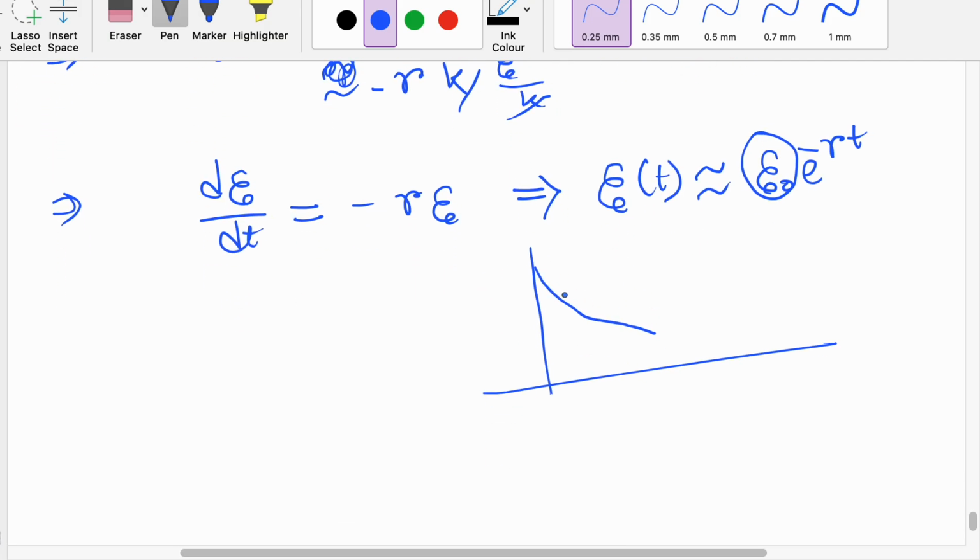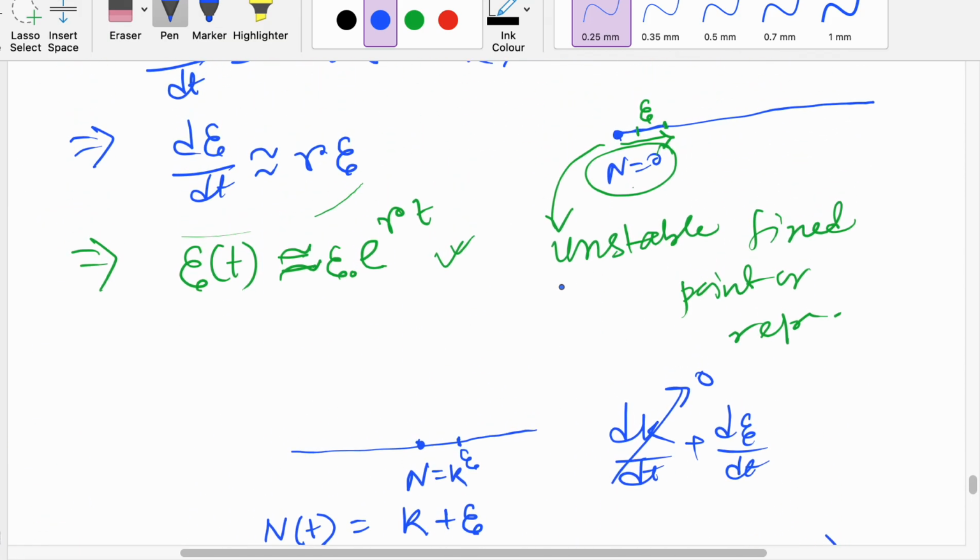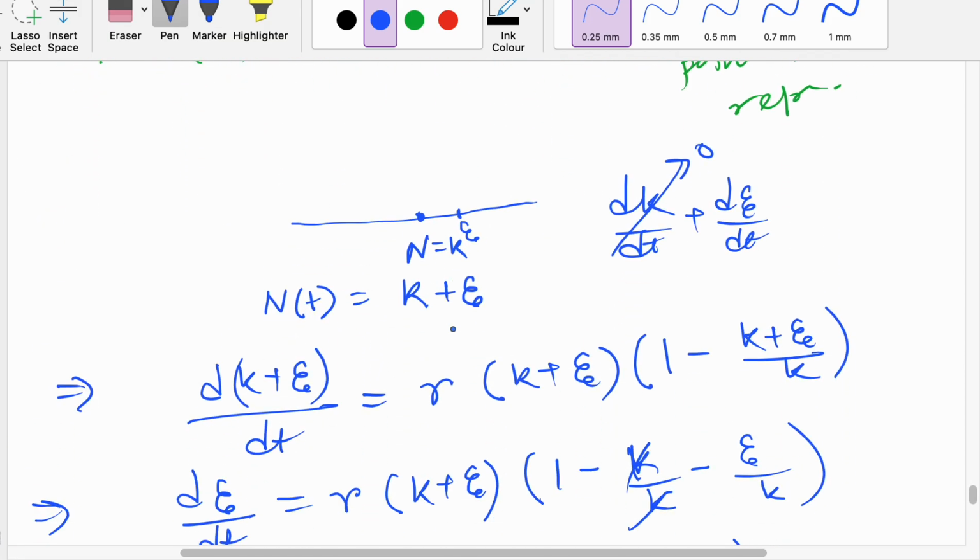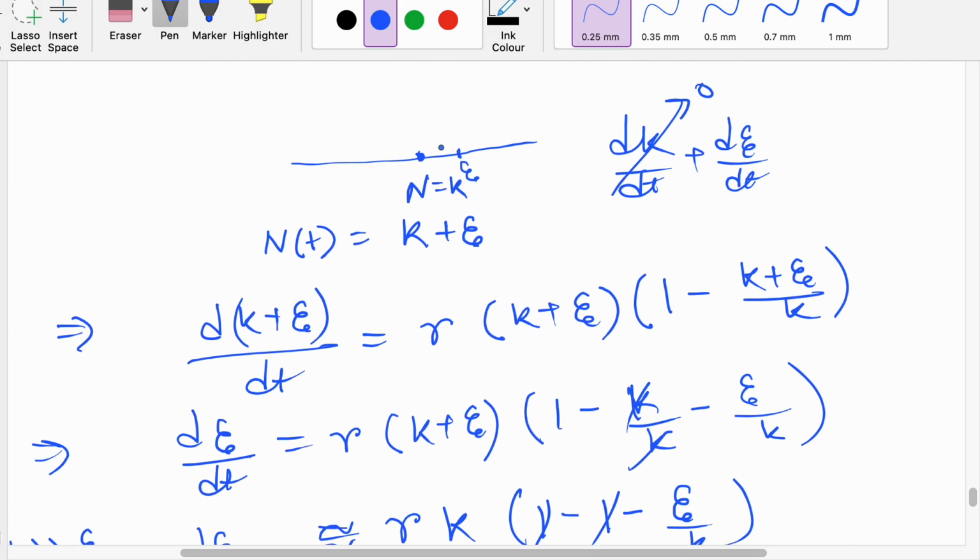It will decrease with time. So suppose this is t, this is epsilon 0 and this is epsilon. You can see the distance of the current state of the population, that means epsilon, as time increases, the distance between these two decreases, because this epsilon will decrease.